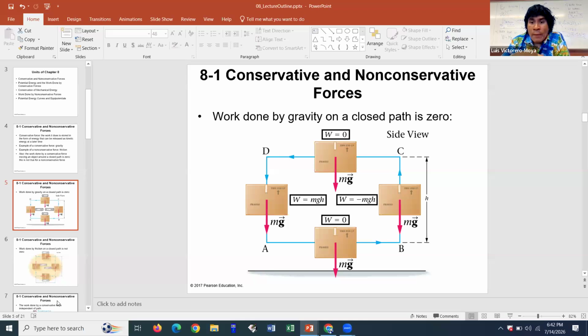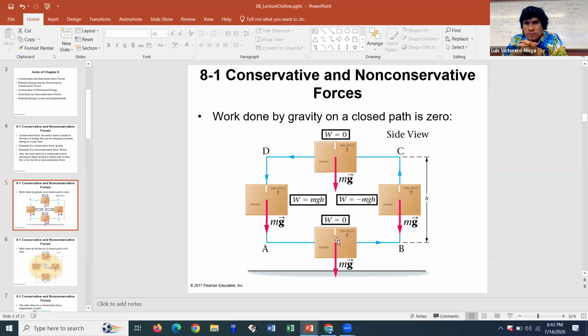The work done by gravity, there it is, right? The work done by gravity on a closed path is zero. All right? You see that there? If you go from A to B, the work done by gravity is zero because, like I explained in the example right here, mg and the path AB are perpendicular.